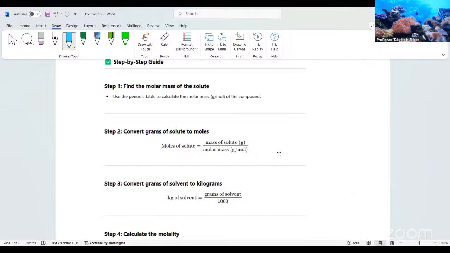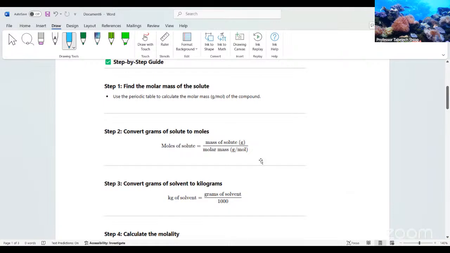Step two, you want to convert grams of the solute to moles, by using the molar mass of the solute from step one. So if they give you the grams of the solute in your problem, you're going to divide that by the molar mass. That's how step one and step two go together.